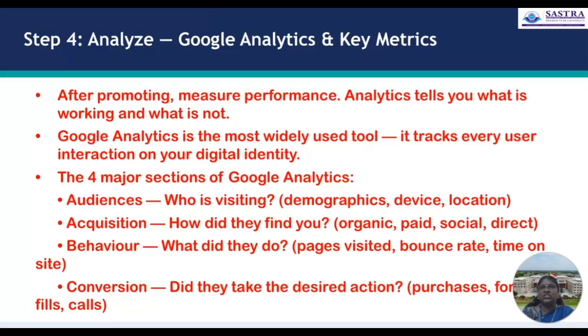But good marketers check all these dashboards regularly, almost daily for their active campaigns, at least weekly for ongoing activities. And the key metrics you track will depend on your objectives. For awareness campaigns, you track the impressions or the reach. For consideration campaigns, you track clicks and on-page time. For conversion campaigns, you track leads, purchases, and cost per acquisition.